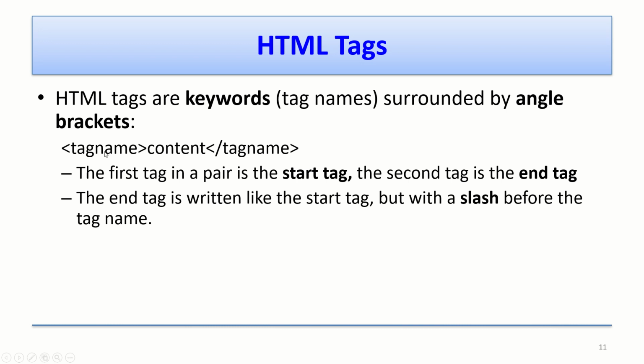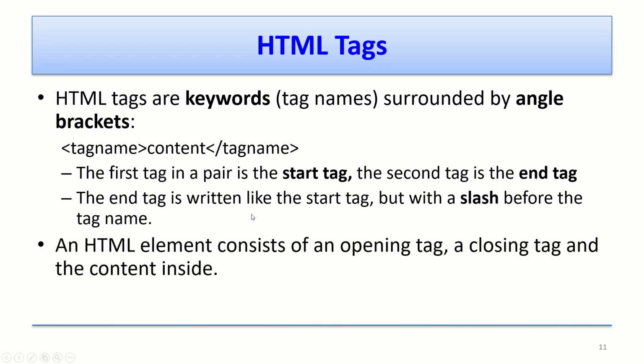So this is the starting tag, surrounded by angle brackets, and then you can insert the content in here. After the content, we have to insert the ending tag, and in addition to the angle brackets, you have to put this slash before the tag name.